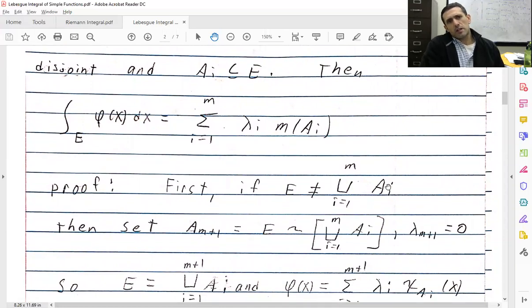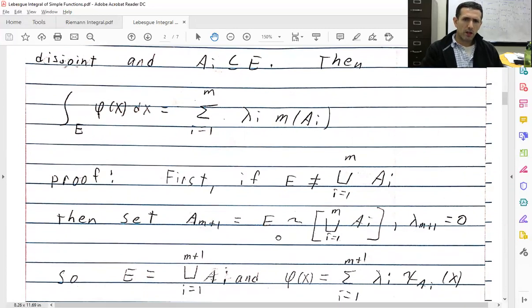Because the union is a subset of E, because all the A_i are a subset of E. So let's say x is in E: either x is in this union, or it's not in this union. If it's in this union, well, it's in one of the A_i for i equals 1 to m. If it's not in the union, it's by definition in A_{m+1}.